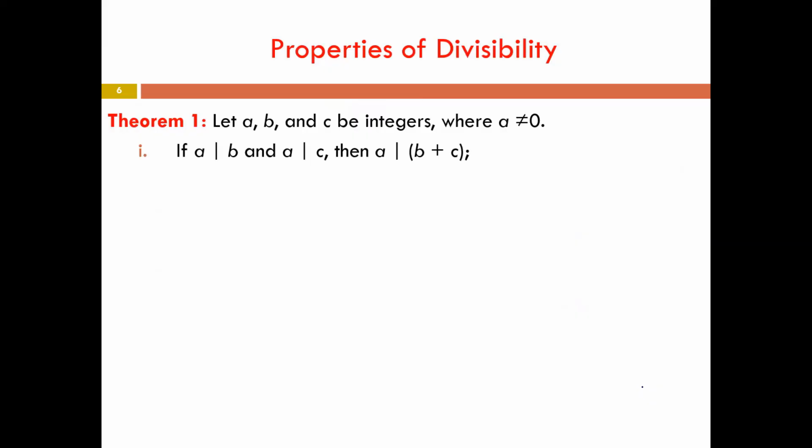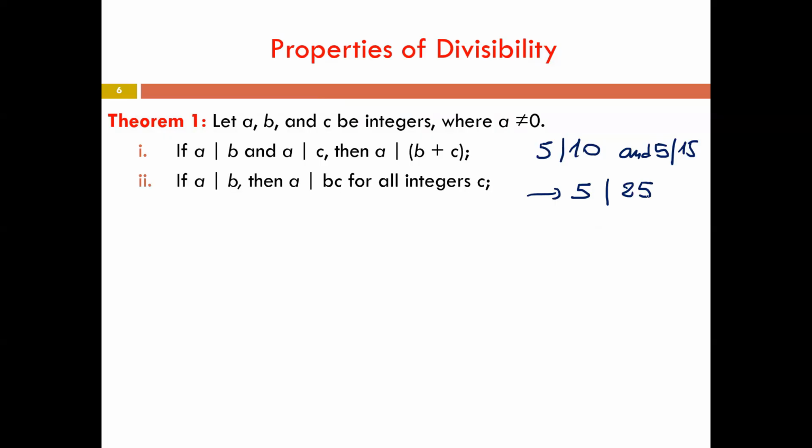Some properties: if A divides B and A divides C, then A divides the sum. For example, 5 divides 10 and 5 divides 15, so 5 divides 25 as well.